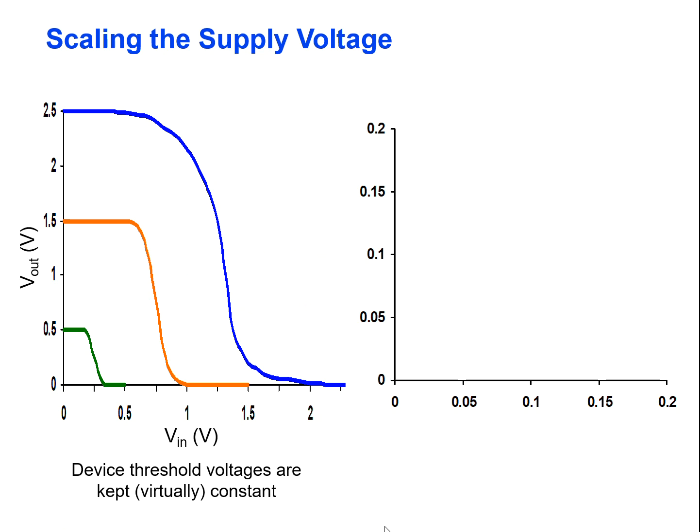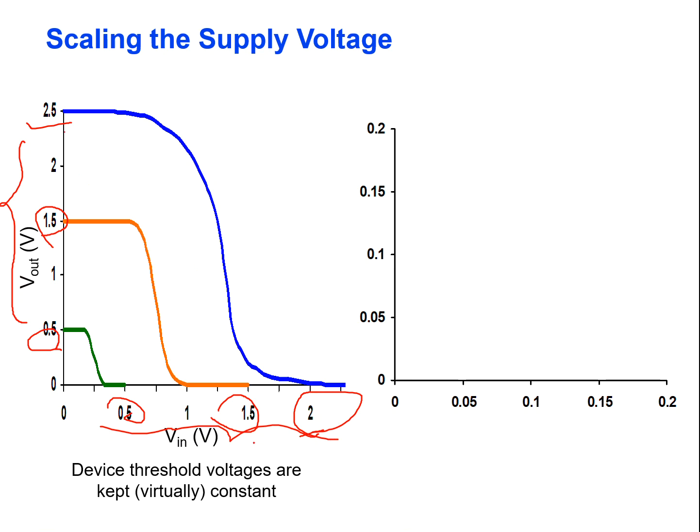And regarding the scaling of supply voltage, we can scale the supply voltage to a minimum value. We can give 2.5 volts for the high value, or fix it at 1.5 volts, or 0.5 volts of supply voltage. Now we are scaling your supply voltage. There are various input and output voltages. If you have 2.5 as input voltage, your output is 2.5.